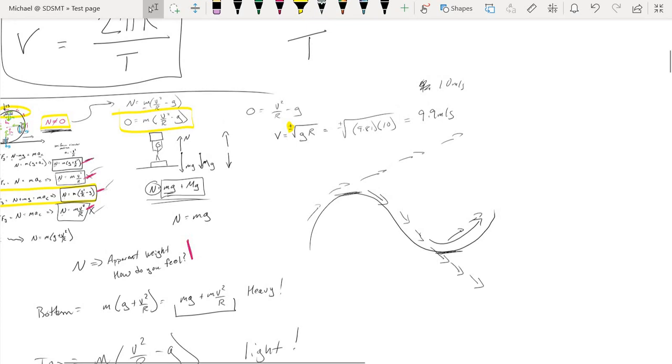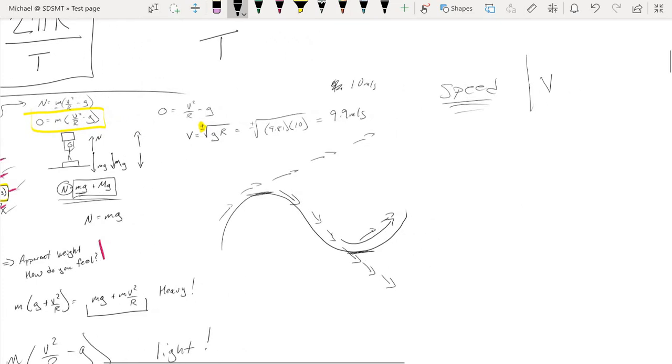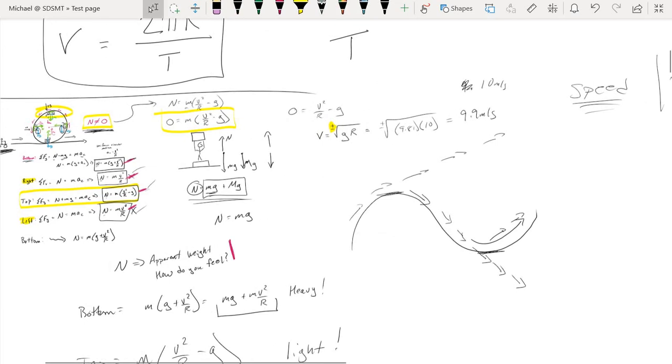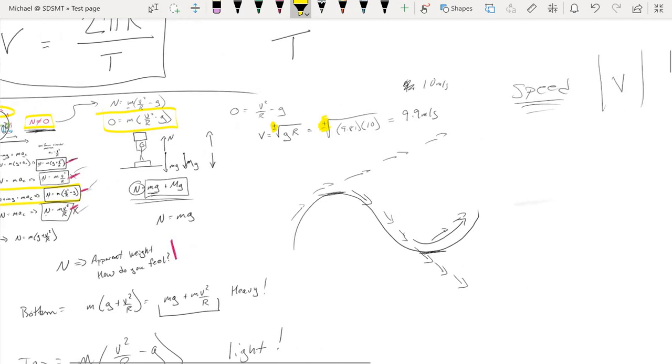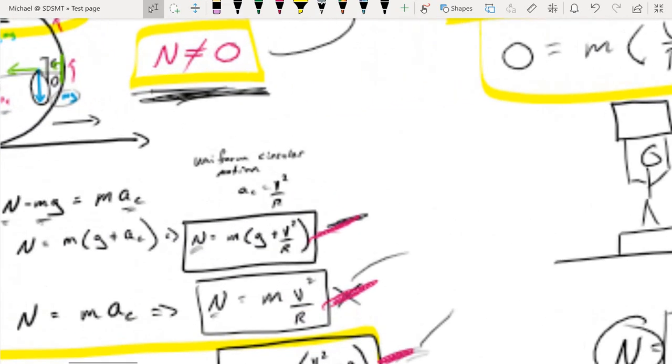So does that plus minus mean anything in terms of the physics? Well, the whole time we've been asking for values of speed, and technically speed is supposed to be the absolute value of velocity. But there is a physical use for that plus minus in all of these problems.